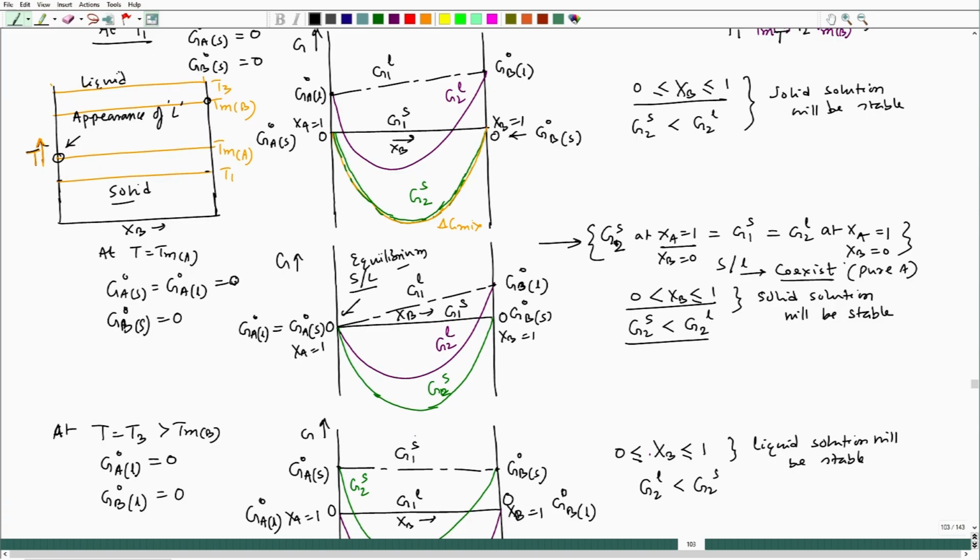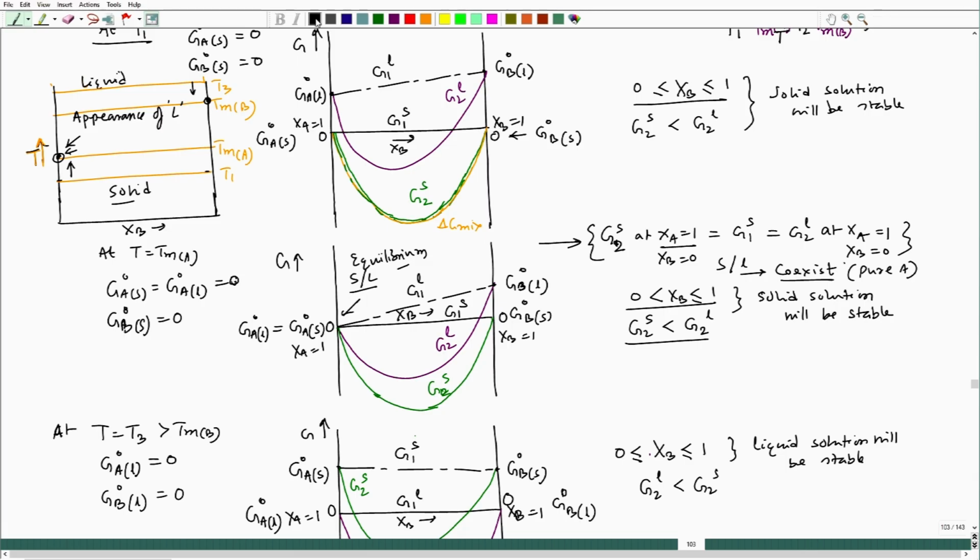So, if I try to plot the same thing on this particular T versus XB plot, at this location I will see that the first solid B will start appearing if I go down like this, and in this case here I see first liquid started appearing at XA equal to 1. So, we have seen two extreme points, one point is this, one point is this.